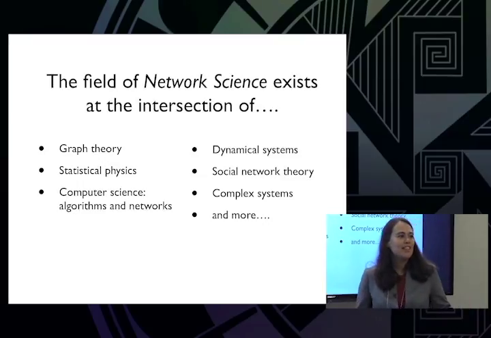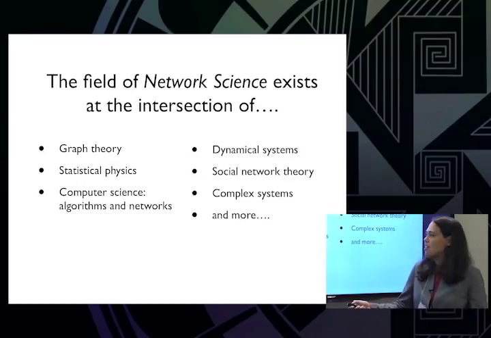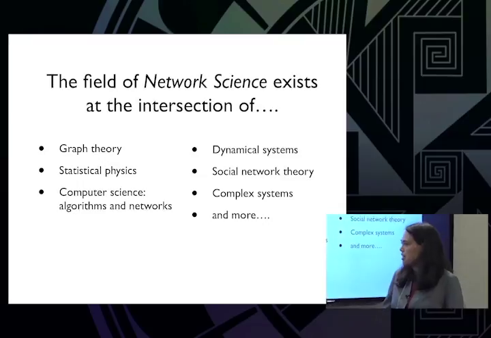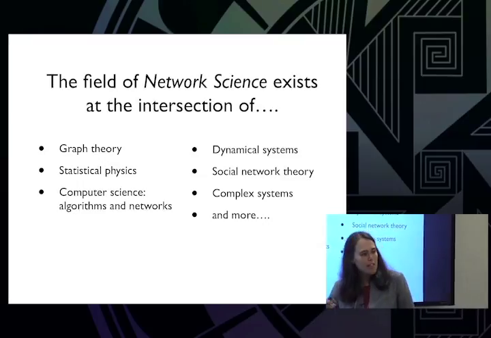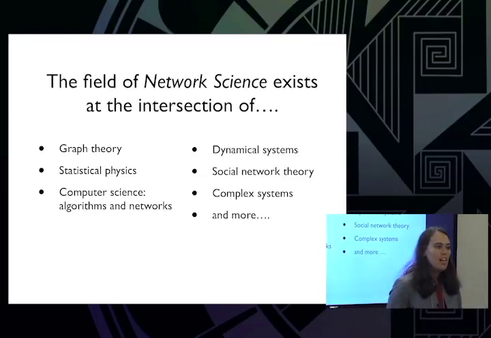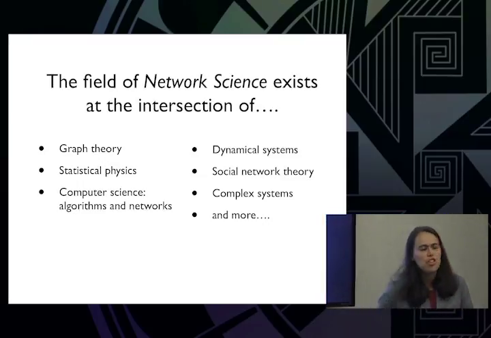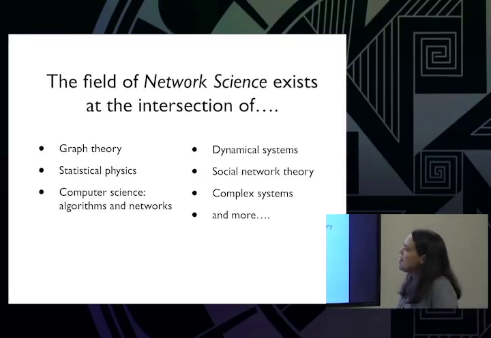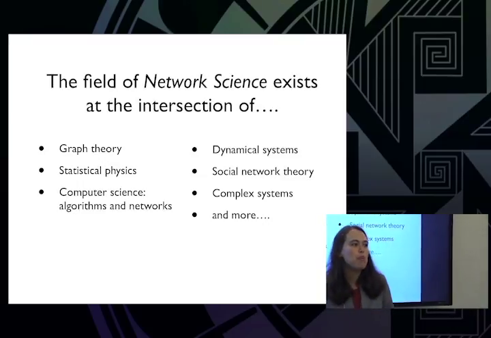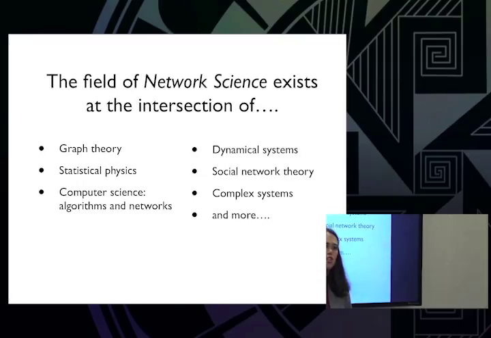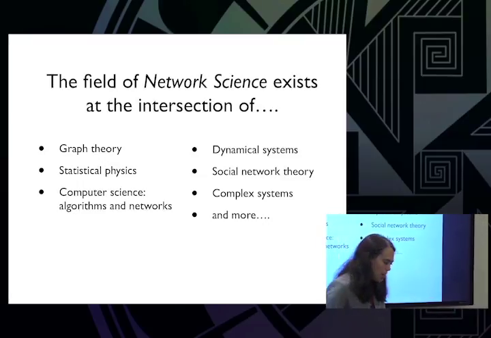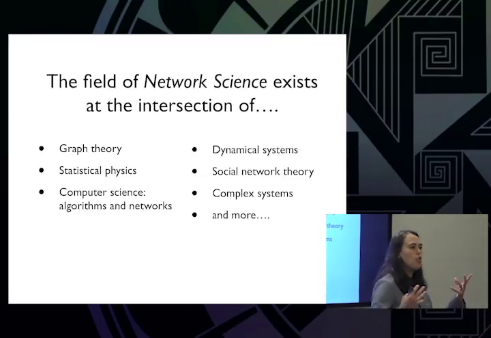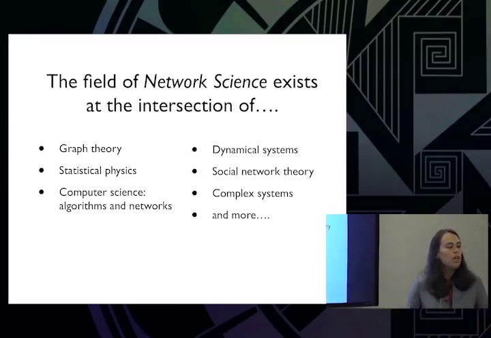A lot of physicists are interested in this network science field, dynamical systems, social network theory. People have been thinking about social networks for a long time. Computer science, as I mentioned that book early on, that's the computer scientist approach to networks. And then complex systems, which is really the bread and butter of the Santa Fe Institute, where the aim of complex systems is to try to find commonalities for studying these really complicated systems.